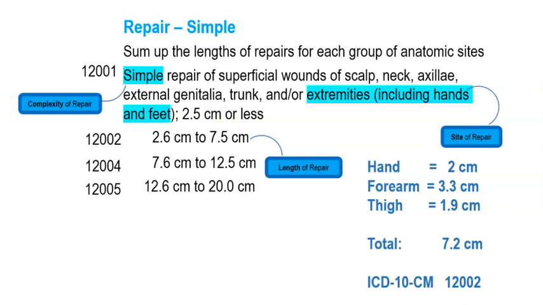So now we will add the length of repairs for each body site. The total length of the wound repaired is 7.2 centimeters. So the correct code for this repair is 12002.